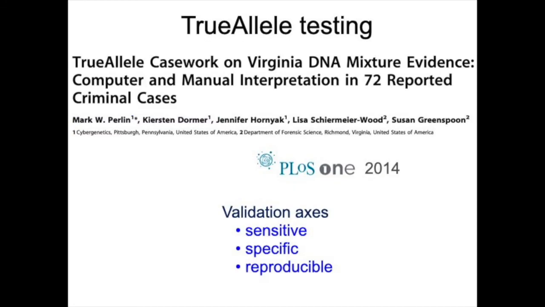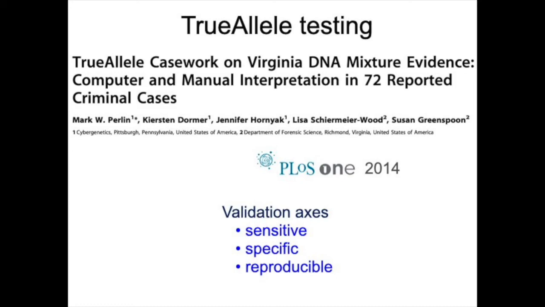TrueAllele testing. TrueAllele can be tested, and it has been tested. In that first initial potential disaster with 375 cases that were handed back as reports by the lab back to prosecutors 10 years ago, Virginia had Cybergenetics review 144 of those cases, and on the 72 that went to court, we confirmed the results with additional TrueAllele processing, and then issued reports, and we and the lab testified on at least a dozen of them.